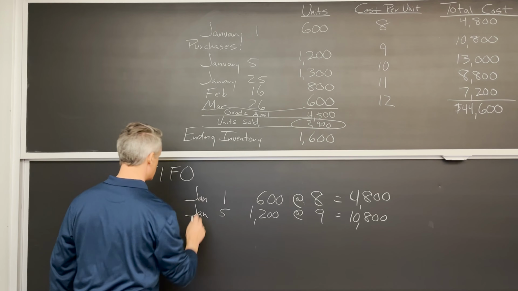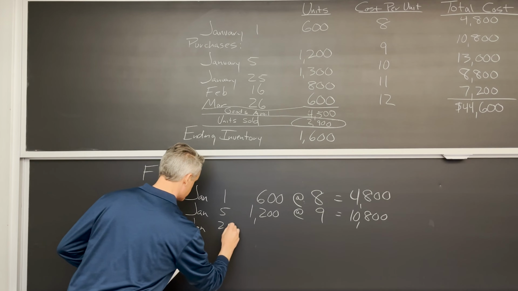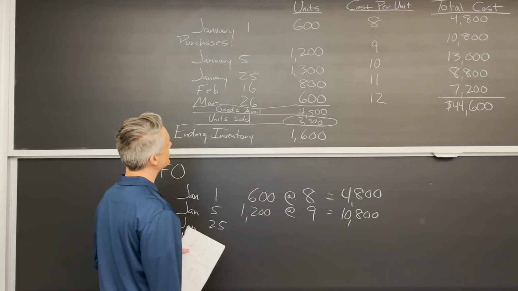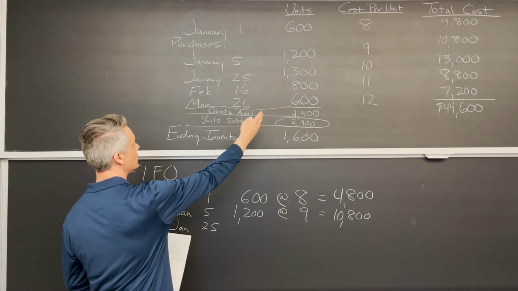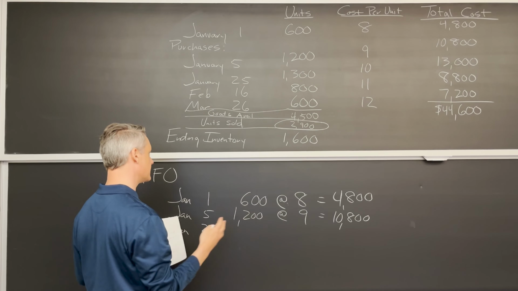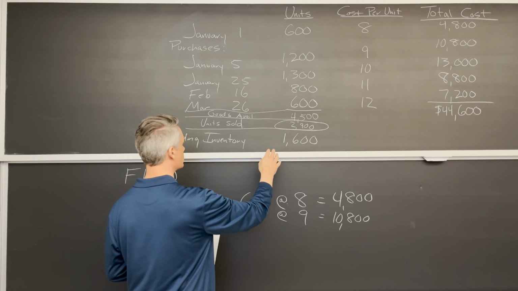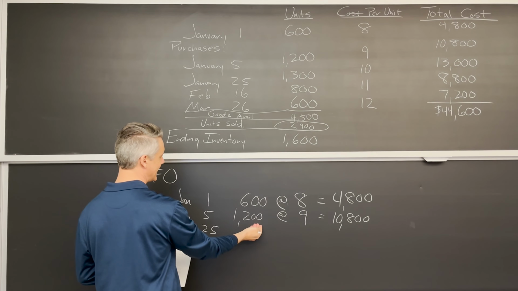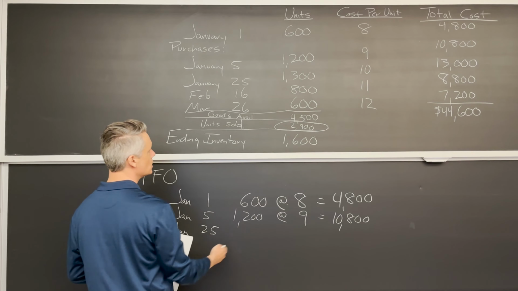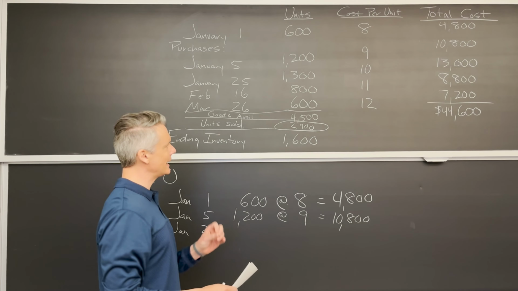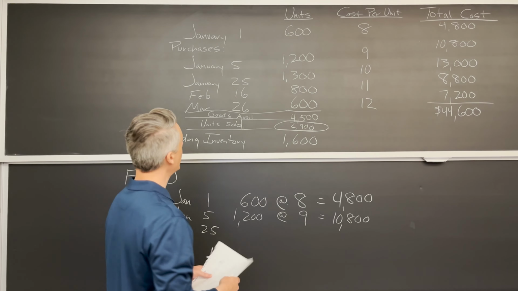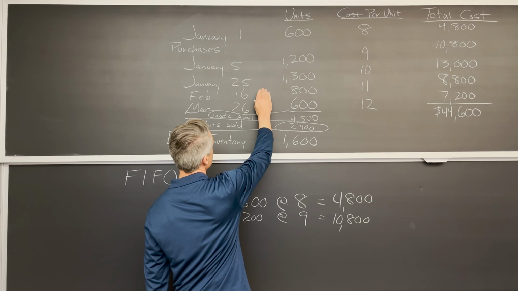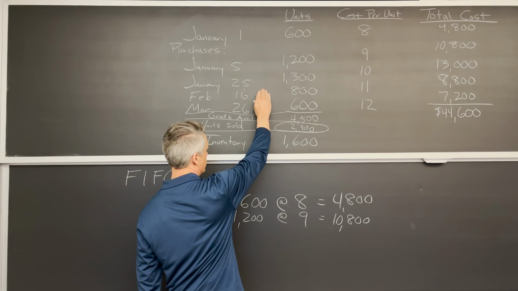Let's move on to January 25th. On that purchase, we wound up purchasing 1,300 units, but we've got to be attentive to when we're calculating cost of goods sold, how many units did we sell? Right now, using these 2 oldest layers, we're at 1,800 units. So we sold 1,100 more, and we're going to assume we took those from this layer of purchases on January 25th.